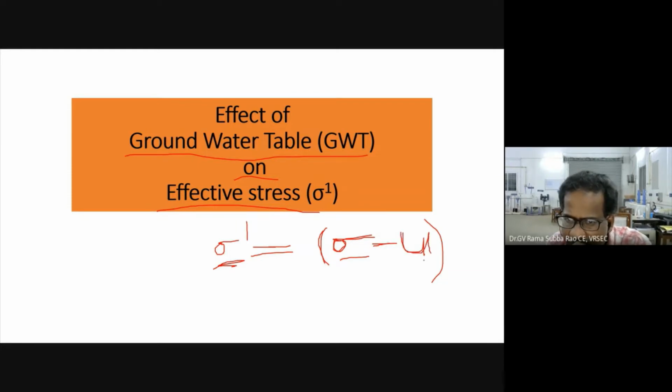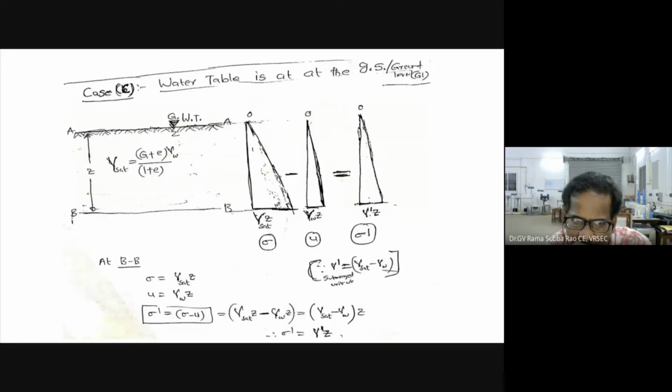Now in this lecture, we are going to discuss the influence of groundwater table on effective stress. Let us proceed. Here we have a ground; this is the symbol of ground surface. Now there is a water table, and it touches the ground surface.